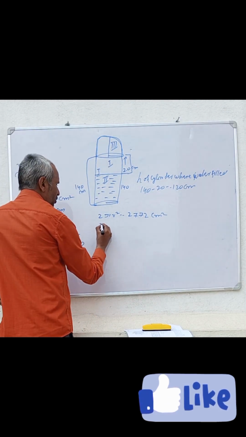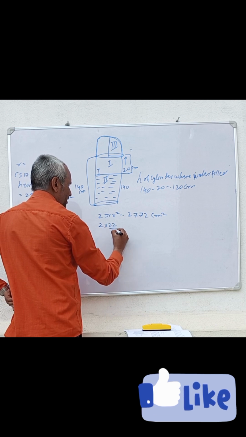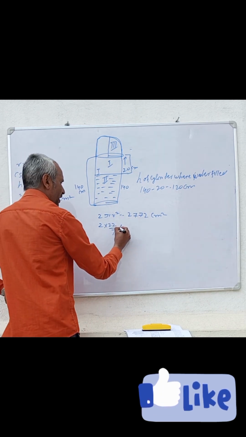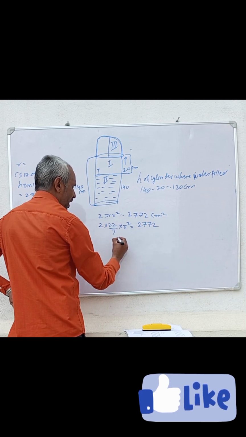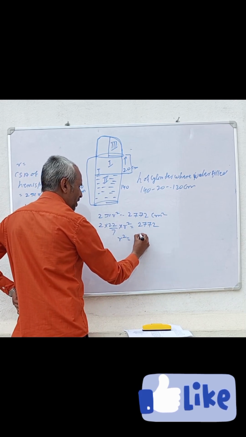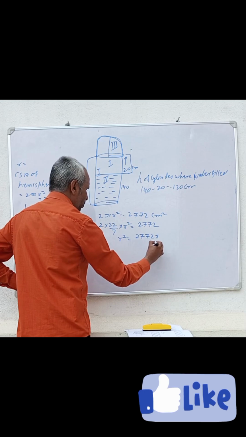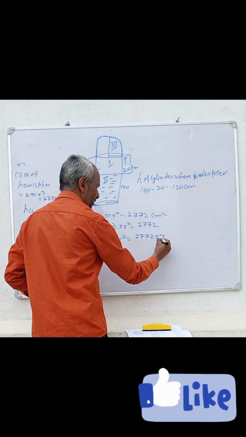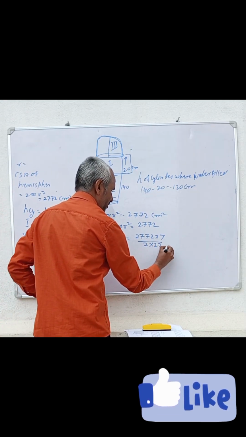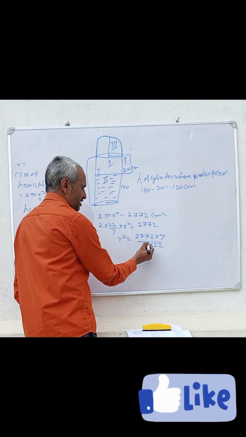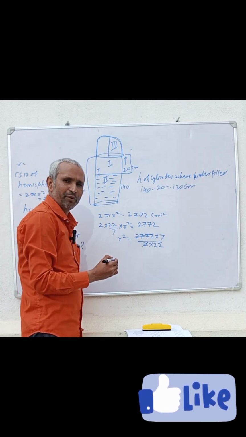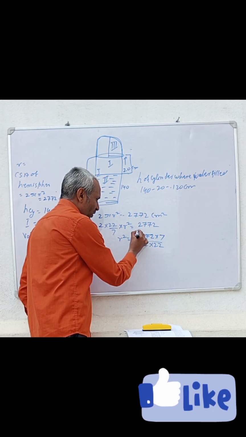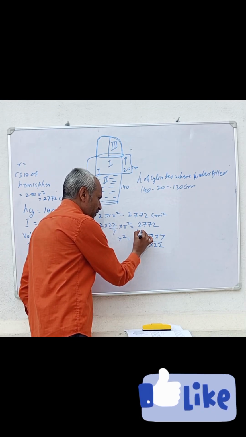So we keep the value 2 into 22 by 7 for pi, into r squared, which we don't know. So r squared is equal to 2772 into the reverse, 7 by 2 into 22. Now we can cancel. First we cancel by 2 because it is an even number. 2 ones are 2, 2 threes are 6.